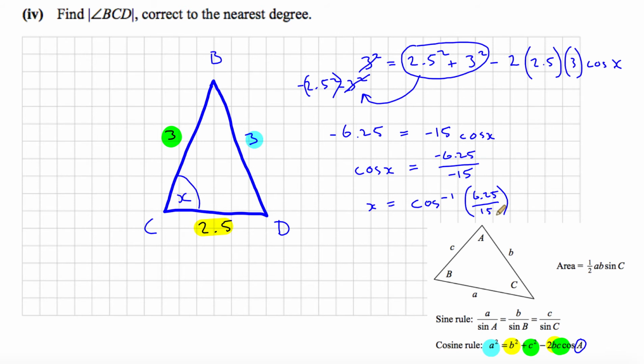And that gives me an answer of 65.375 and on it goes, but I want it correct to the nearest degree. So to the nearest degree, I look at this 3. This doesn't affect the 5 in front. So the size of the angle BCD is 65 degrees to the nearest degree.